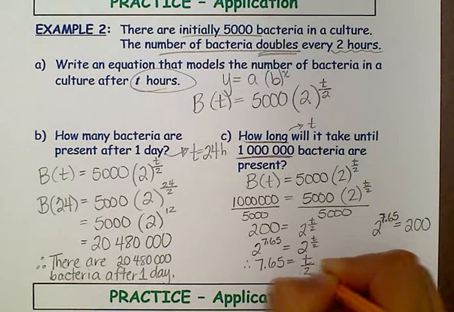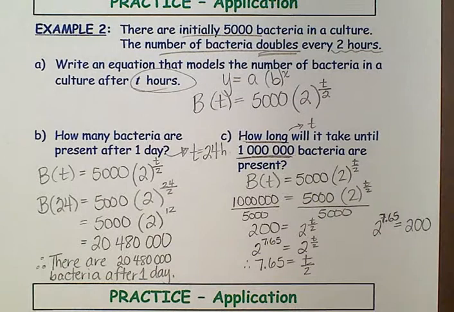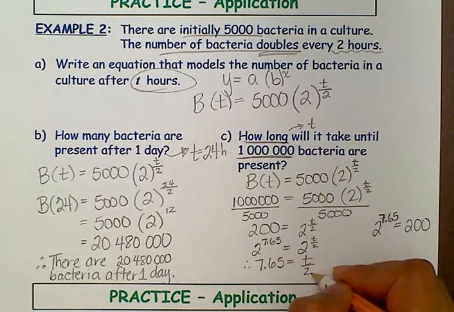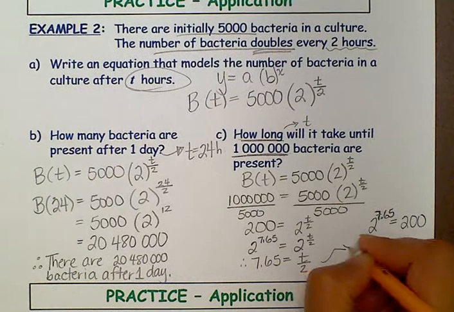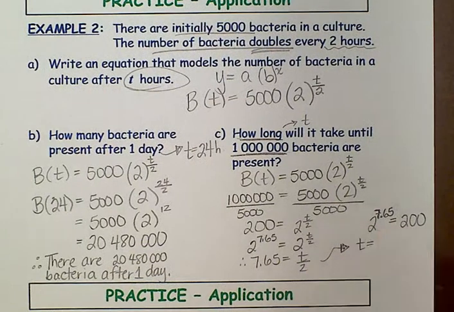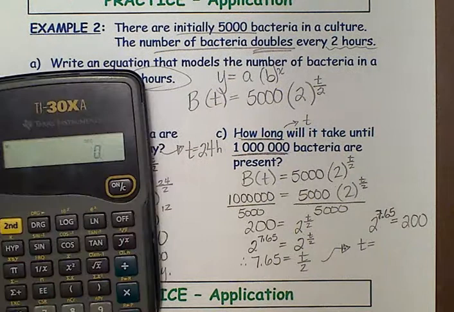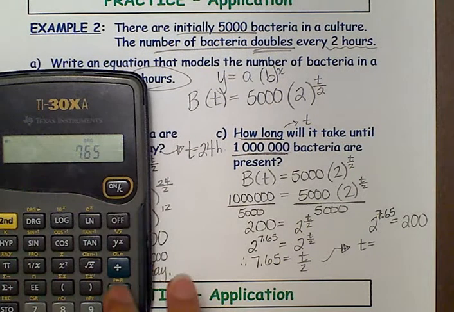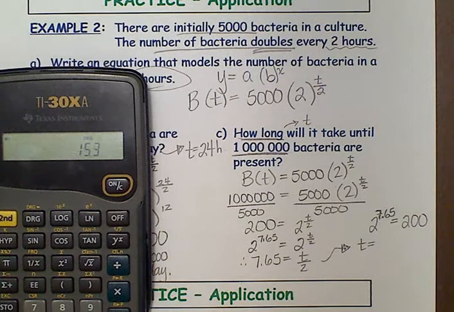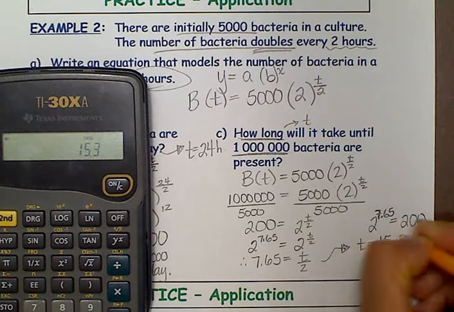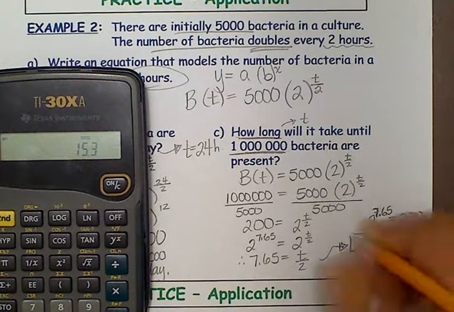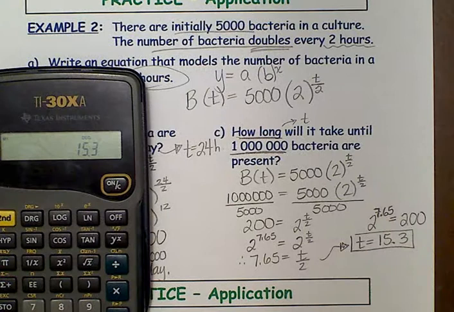Finally, to solve for t and get rid of the denominator of 2, I just need to multiply both sides by 2. I end up getting t equals 7.65 multiplied by 2, which gives me 15.3. So that means it'll take about 15.3 hours for the bacterial population to reach 1 million.